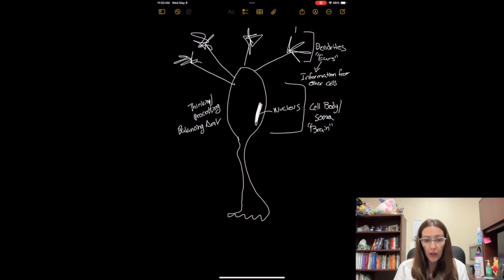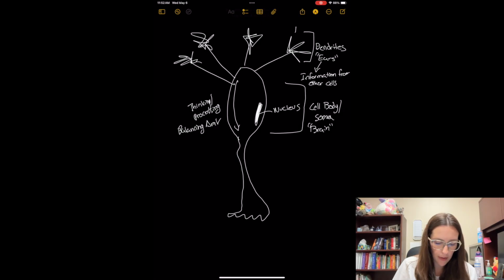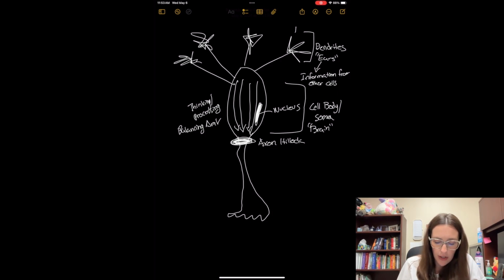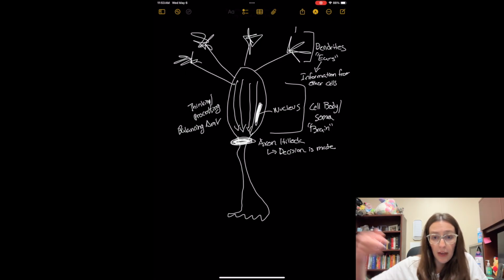And all these ion changes based on the ion flow will combine here at the bottom in this little fancy region called the axon hillock. I don't have a fancy description or a fun analogy for it, but this is where the decision is made, right? The decision to communicate forward is made.